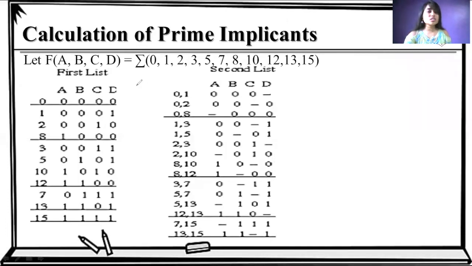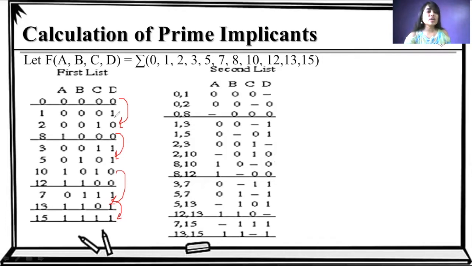That means compare terms of this and this group, then this and this group, then this and this group, and this and this group. Here we compare terms of successive groups which differ by one bit only, then we combine the terms into one. This is how we can simplify the logical function.